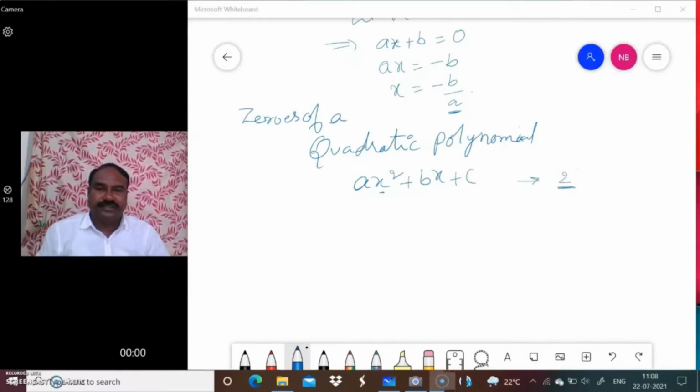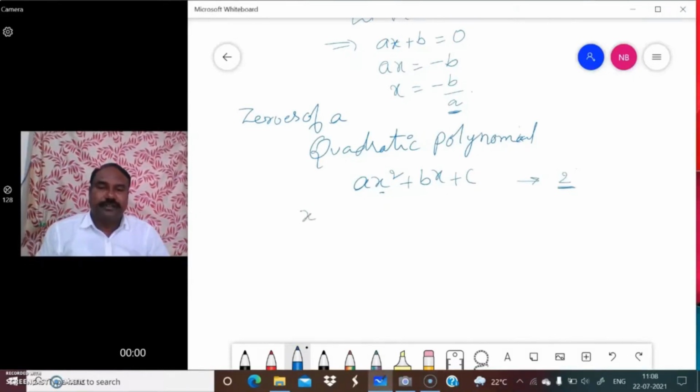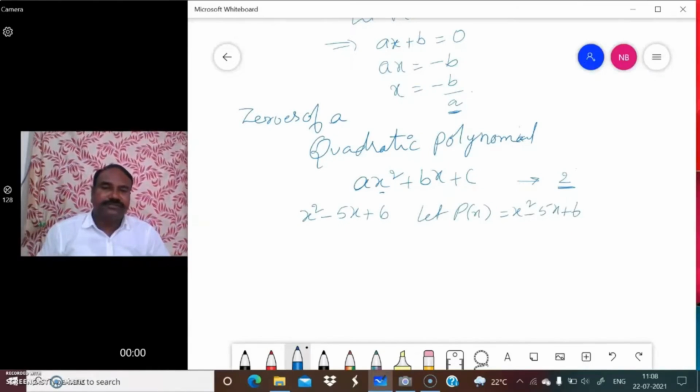One example for a quadratic polynomial: x square minus 5x plus 6. So let p of x be equal to x square minus 5x plus 6. To find the zeros of this quadratic polynomial, we suppose this p of x is equal to 0, then x square minus 5x plus 6 is equal to 0.